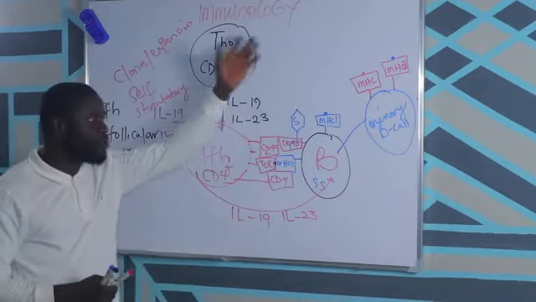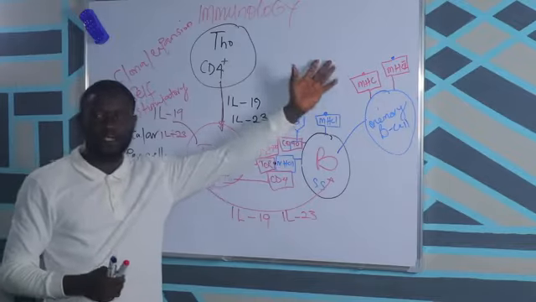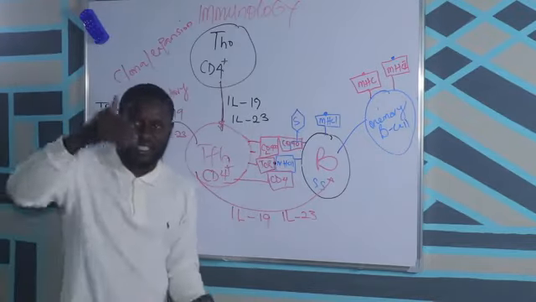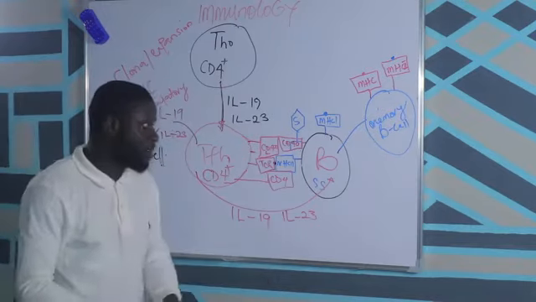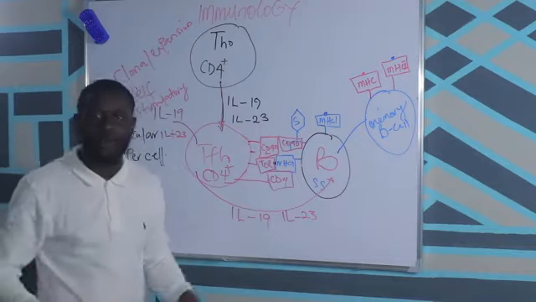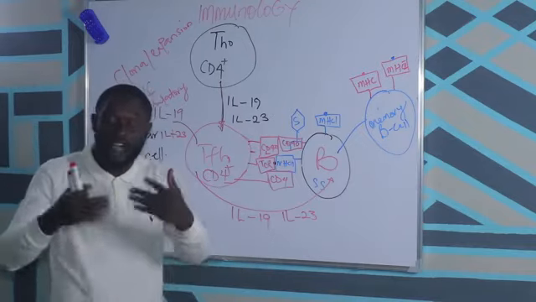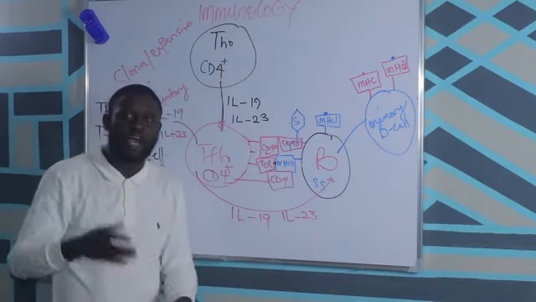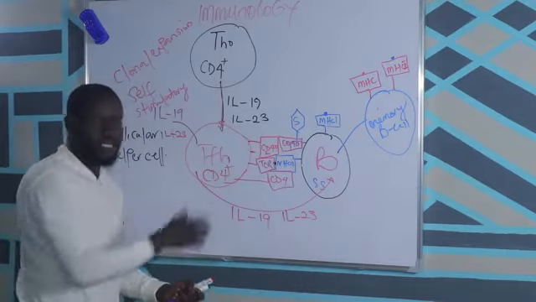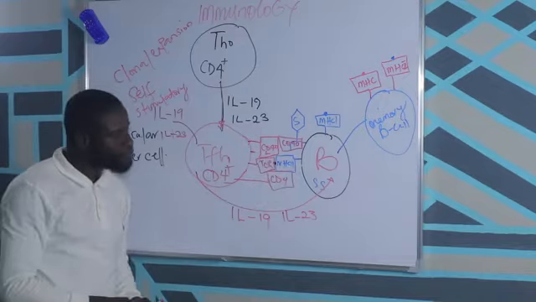They know the process of fighting it. So this memory B cell will go to your lymph and persist there for a long time, it will go into the bloodstream and persist there, so that whenever you have this invading virus, you have the immune mechanism of dealing with it, so it has a memory for it.